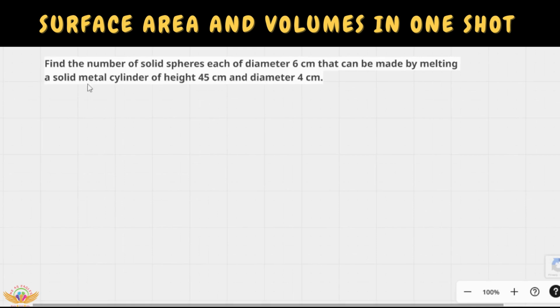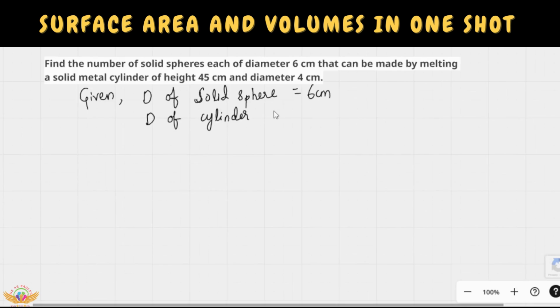First, let us write down the given. They have given the diameter of the solid sphere, that is equal to 6 centimeters. And they also gave the diameter of the cylinder, that is equal to 4 centimeters.